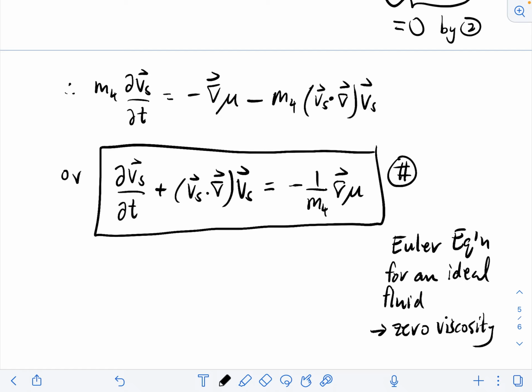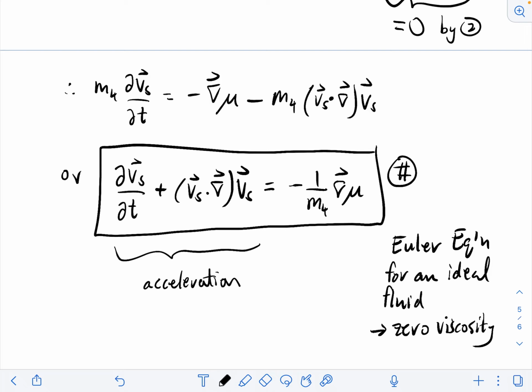It may be familiar, something you've seen before, but what we're going to try to argue is that this left-hand side is like an overall acceleration. And in order to convince ourselves of that, we'll have to really pay attention to the second term on the left-hand side of this equation.